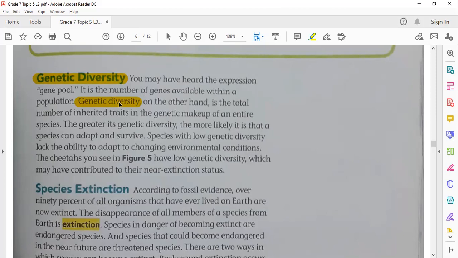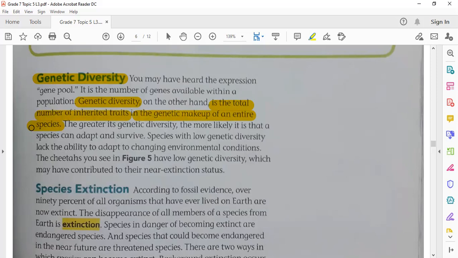Now, genetic diversity means the total number of inherited traits in the genetic makeup of an entire species. How is it related to biodiversity?